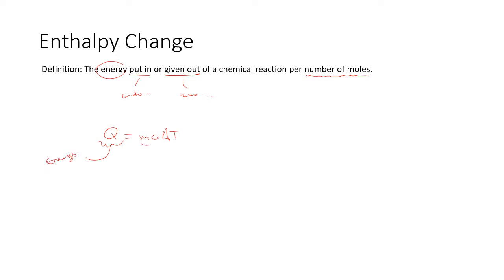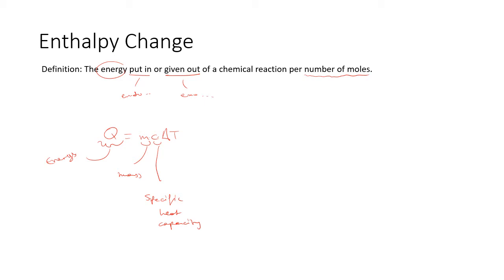M, as you have seen it before in chemistry or physics or biology, whatever, is the mass experiencing the energy change. C is a quality called the specific heat capacity. This sounds reasonably complicated, but actually it has a pretty simple definition as well.